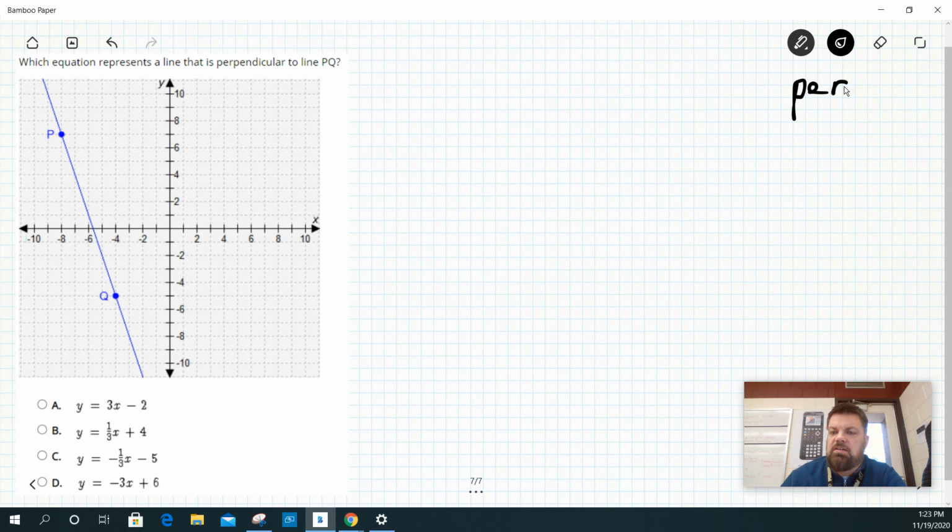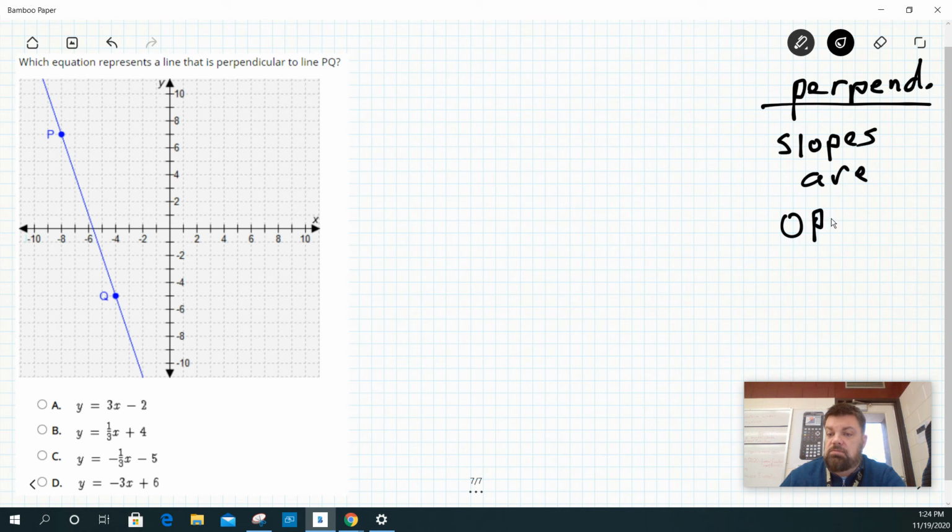Perpendicular lines, their slopes are opposite reciprocals.